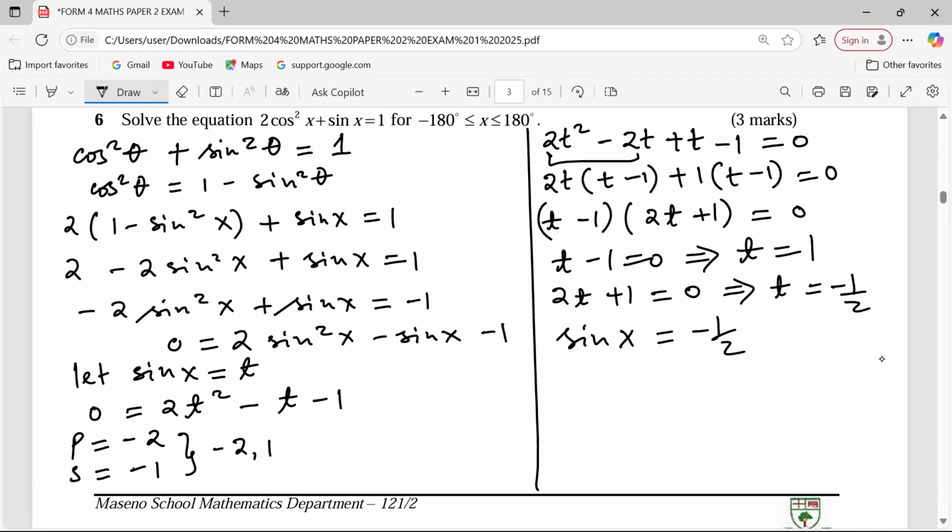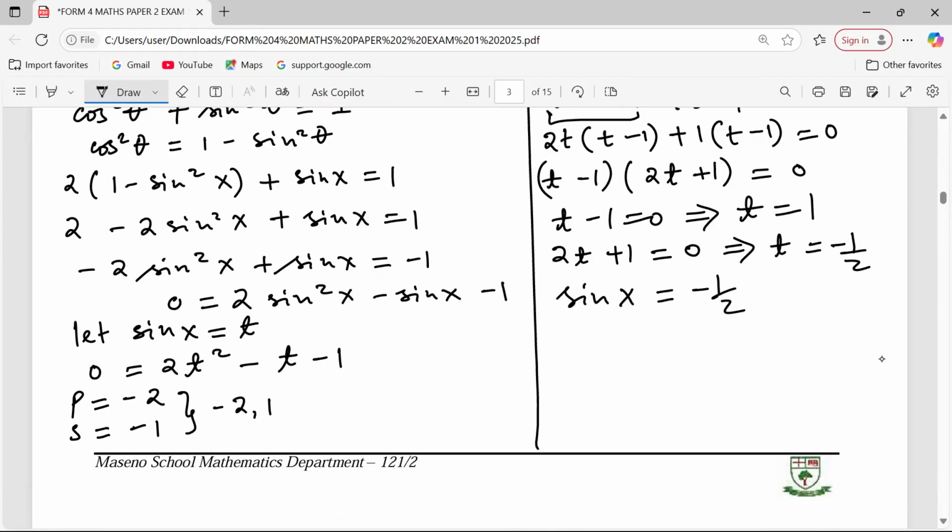When it is -half, ladies and gentlemen, we have to ask ourselves a few questions. When we are having -half, what is the quadrant according to the unit circle? Let me sketch it. According to the unit circle, in the first quadrant all trigonometric ratios are positive.